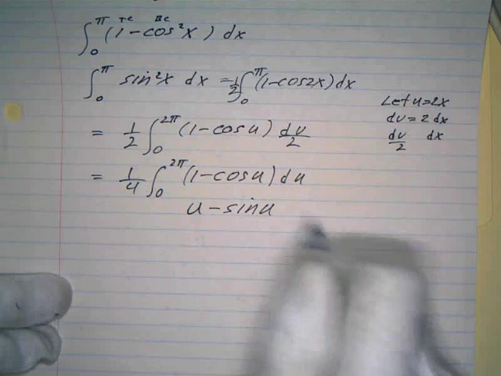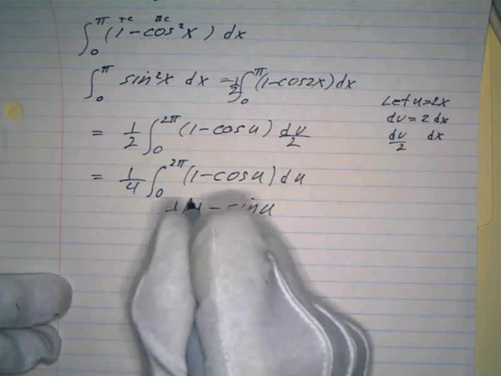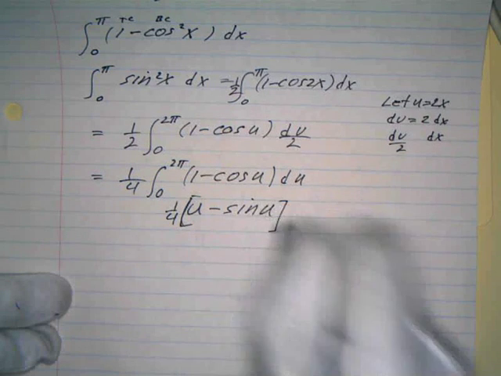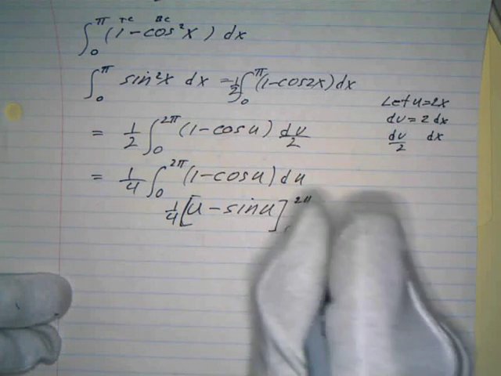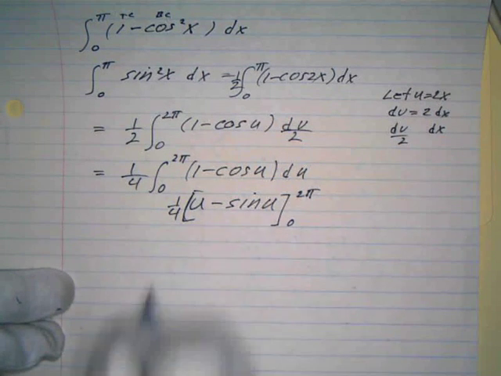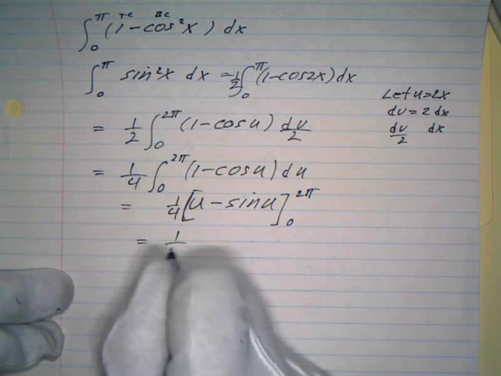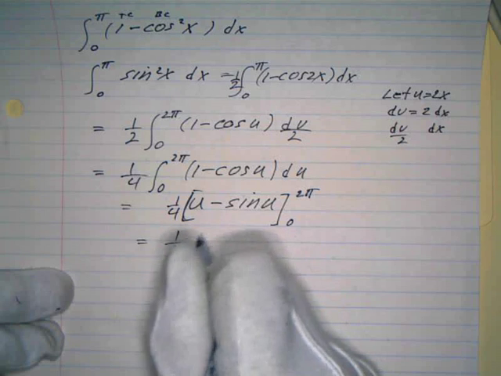Alrighty, and that's going to be 1/4 of that. And then we're going to evaluate that from 0 to 2 pi. So we don't have to substitute back in, we just keep it in terms of u, because it's a definite integral. It's going to be 1/4, and then I can figure this out.